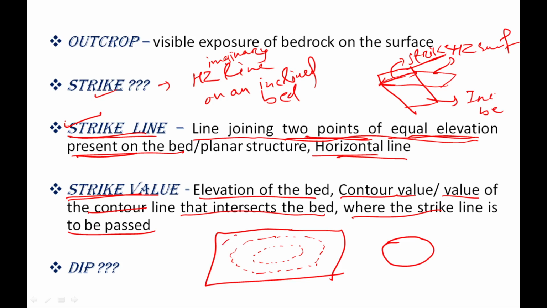Suppose these are the contours like this, okay, and here it is the bed, here it is the outcrop of a pole seam, right?